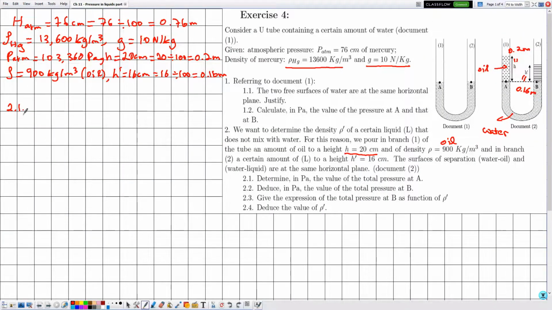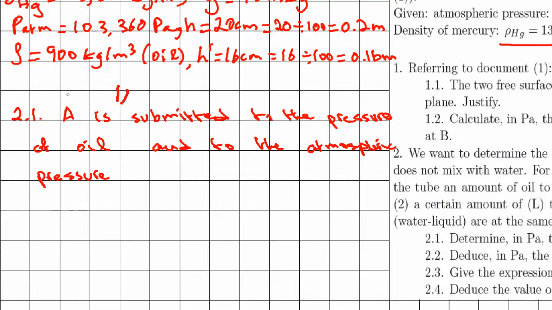But first we need to mention that A is submitted to the pressure of oil and to the atmospheric pressure. So usually they give half a mark for this statement.